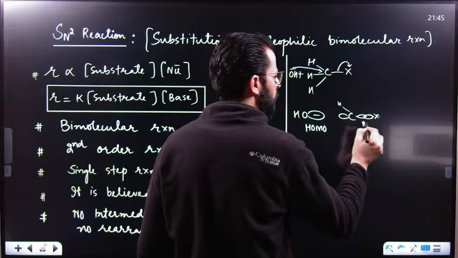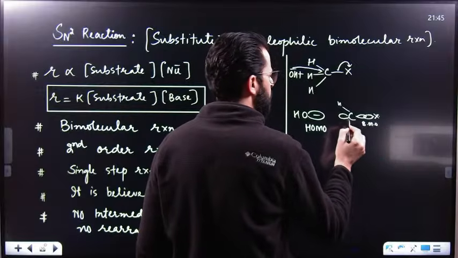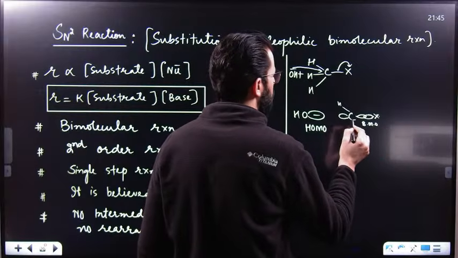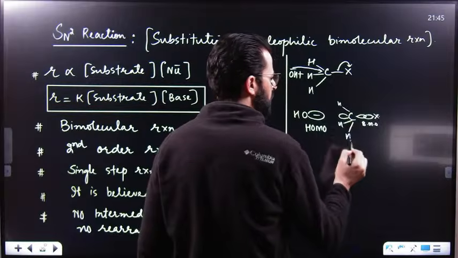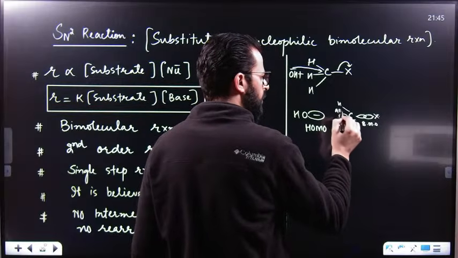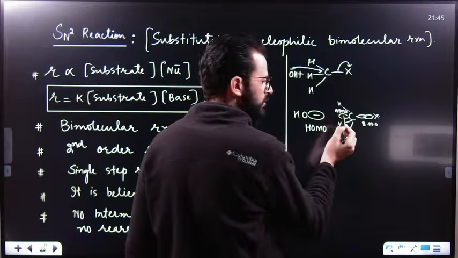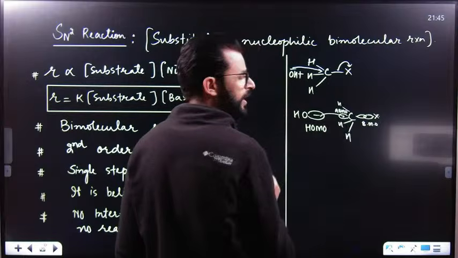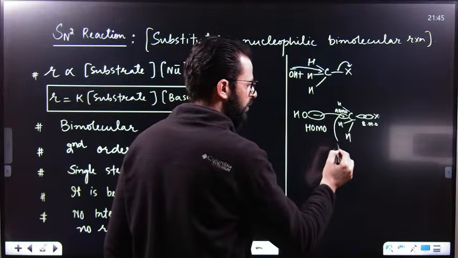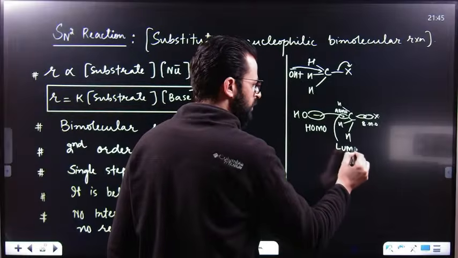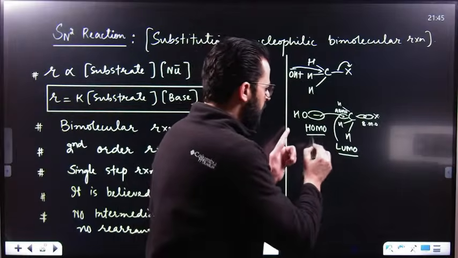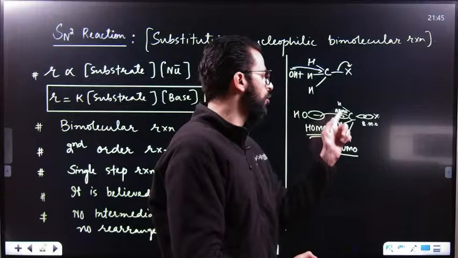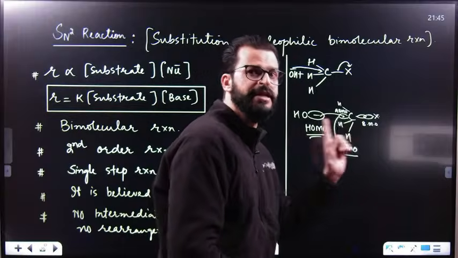This is the bonding molecular orbital, and this is the anti-bonding molecular orbital. As the anti-bonding molecular orbital is empty, the nucleophile will donate its electrons to it, and this anti-bonding molecular orbital is known as the LUMO. So here will be the HOMO, highest occupied molecular orbital, and lowest unoccupied molecular orbital interactions.